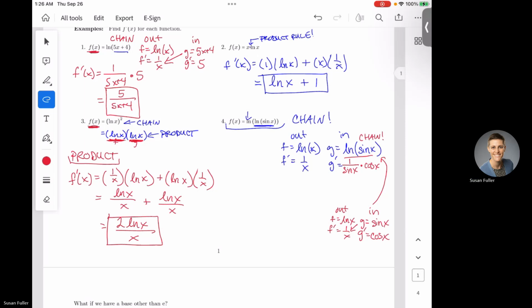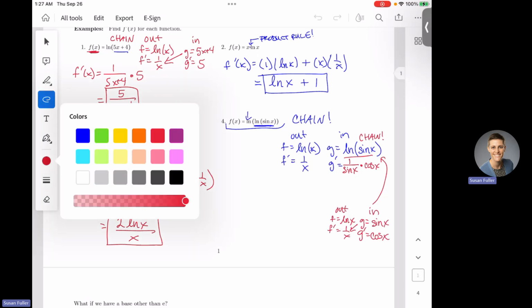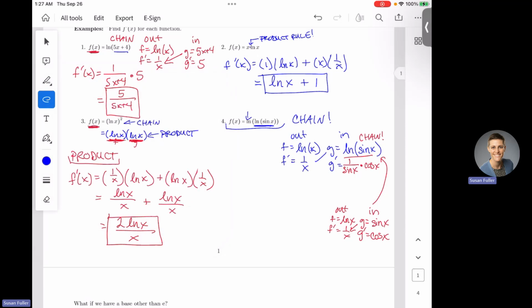Whew. Okay, so that completes the chain rule inside my chain rule. And now I need to come back out and finish this outer one. And so now I can do my f prime of g out here.